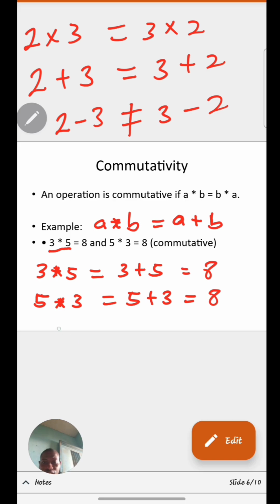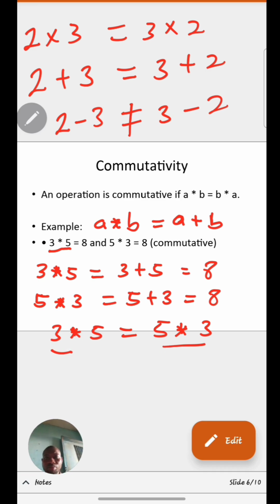You can see that 3 operation 5 is equal to 5 operation 3. So both of them are commutative because they give us the same value. That is the commutative property. Take note of that as we move to the next slide.